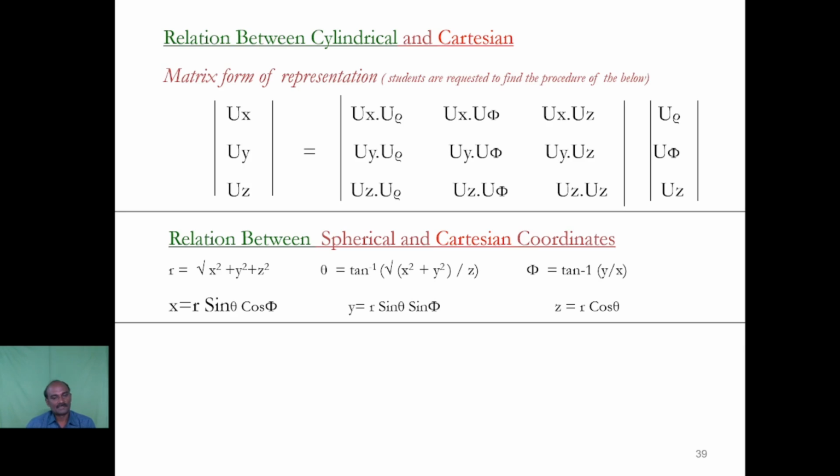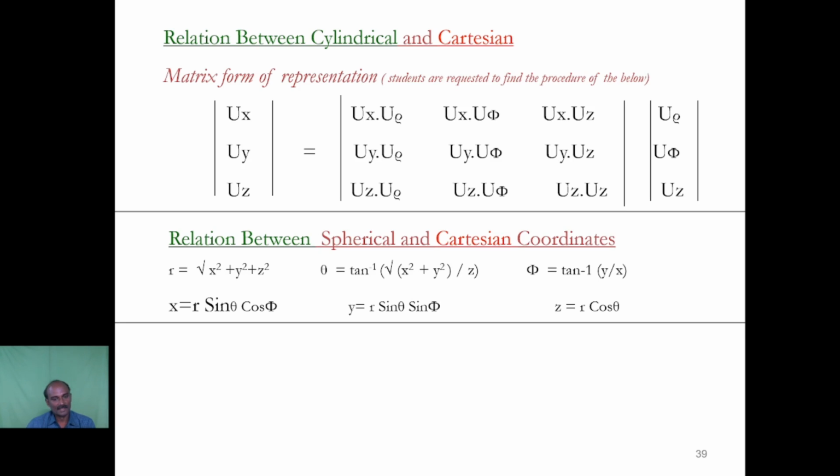And the relation between spherical and Cartesian. R, theta and phi are the spherical coordinates. R is equal to the root of x square plus y square plus z square. That is how to get the spherical coordinate R from the Cartesian coordinates x, y and z.